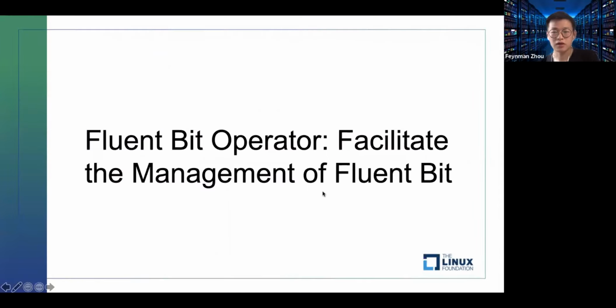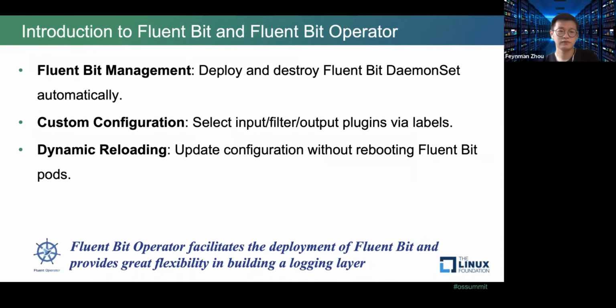This is why we created the Fluent Bit Operator, which is used to facilitate the management of Fluent Bit. Let's look at the core functionalities the Fluent Bit Operator brings to the Fluent Bit ecosystem. First, Fluent Bit lifecycle management: it helps you deploy and destroy Fluent Bit automatically.